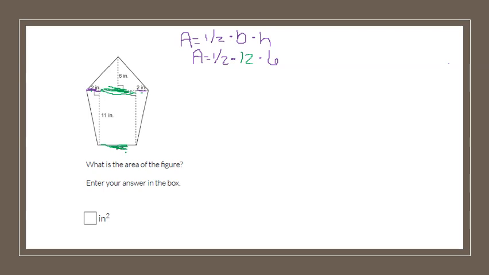So now I can find the area of that triangle. So 1/2 times 12 times 6. So that's 36 inches squared.